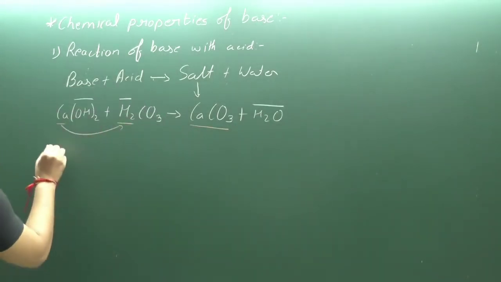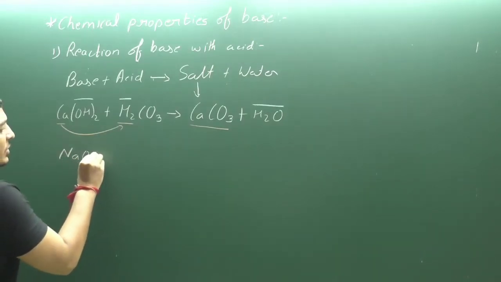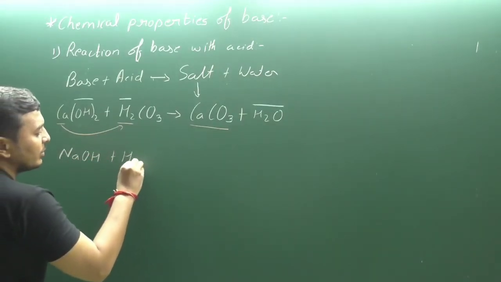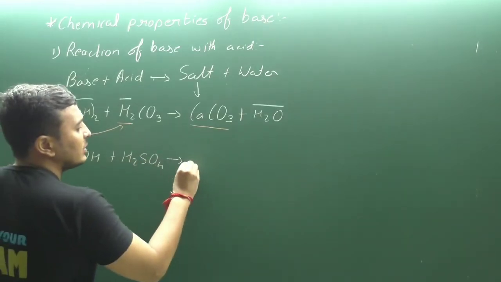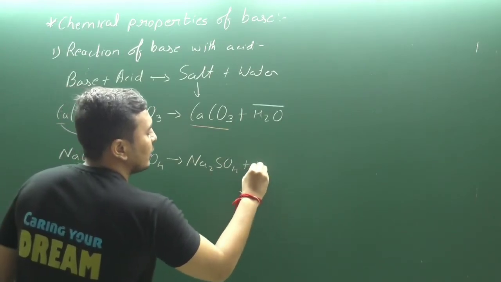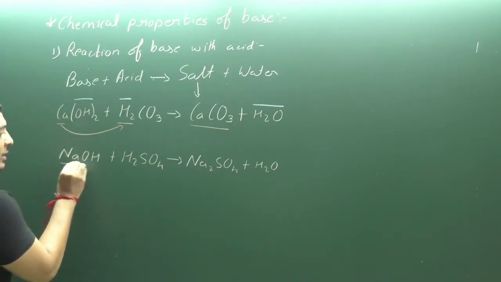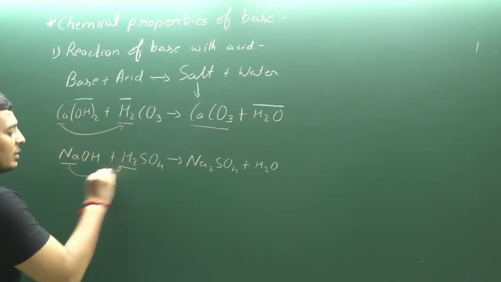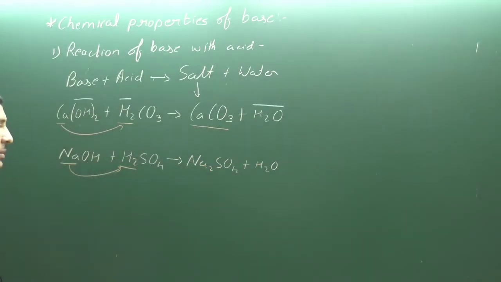Let us write another example, that is NaOH plus, suppose, sulfuric acid, it forms salt, that is sodium sulfate, plus water. So it remains the same. This Na will displace hydrogen, clear, and OH and H2 will form water.